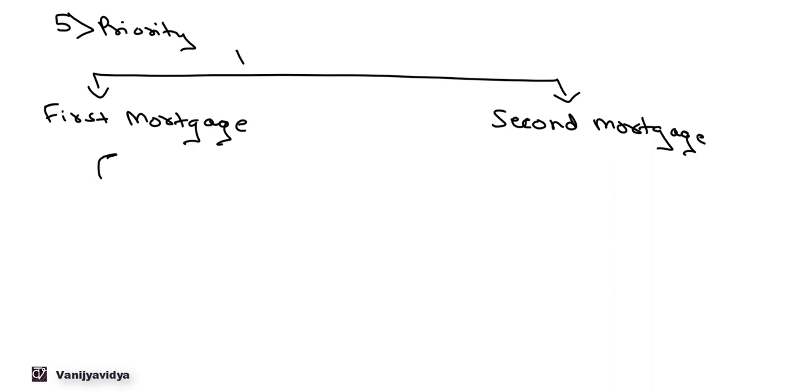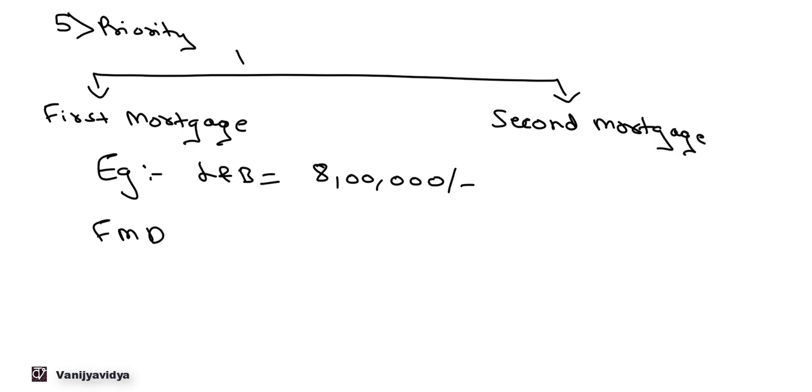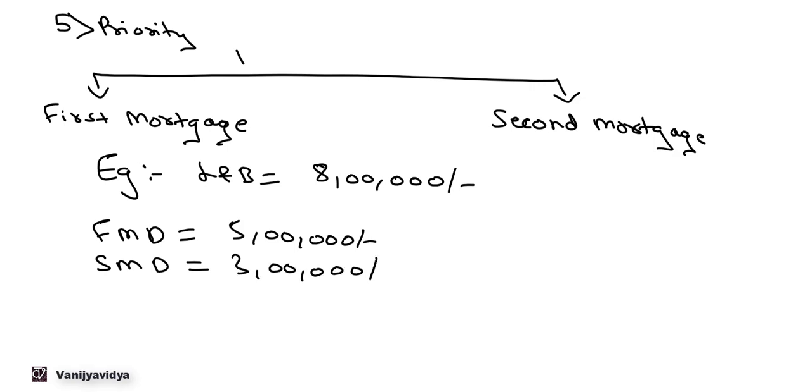Now let us take one example here. Say there is a land and building and the value of the land and building is 8 lakhs. First mortgage debentures are worth rupees 5 lakh, and second mortgage debentures are worth rupees 3 lakh, and both have a charge on this asset. First mortgage debentures have the first charge on this land and building, second mortgage debentures have the second charge. Now this land and building is sold for 7 lakhs.